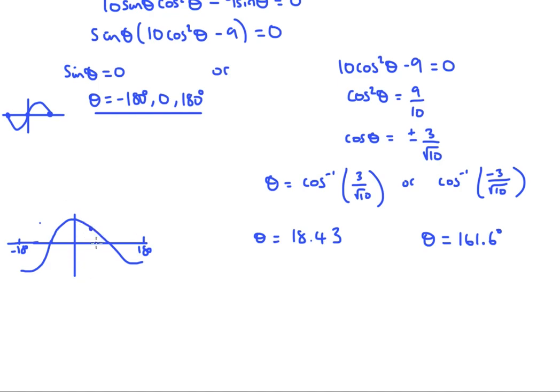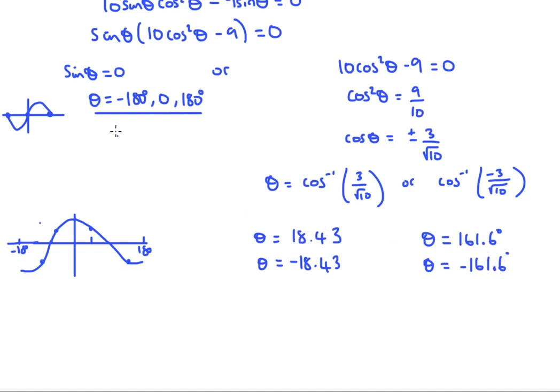So any positive root, so positive 18.43, will also have the same but the negative, so negative 18.43, and the positive 161.6 will also have another value that's valid at negative 161.6 as well.